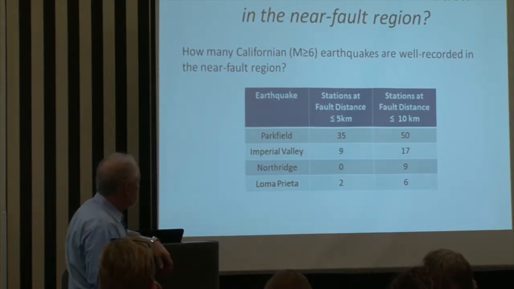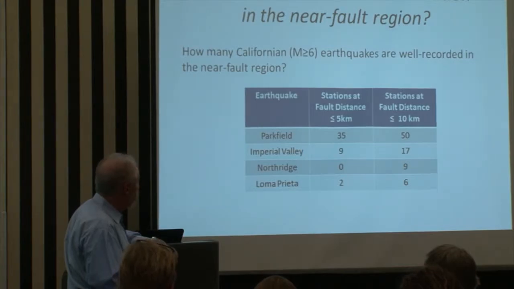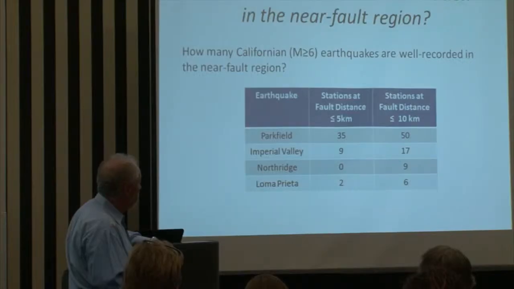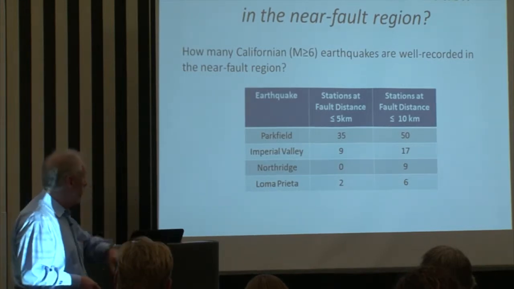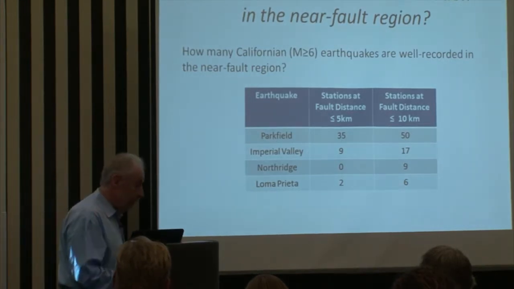At distances of less than 5 kilometers, there are 0 stations for Northridge, and only 2 stations for Loma Prieta. And for distances of up to 10 kilometers, again, same picture: very many records from Parkfield, relatively many from Imperial Valley, and much less for Northridge and Loma Prieta.